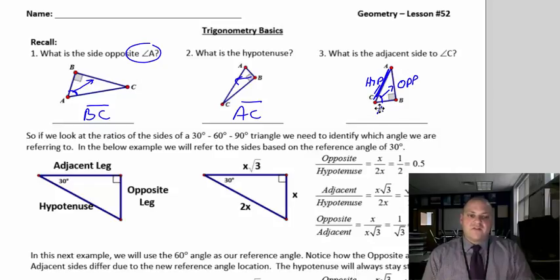So what's my adjacent? It's the one that's left over. You can do it like that, or you could say, what leg is next to the angle? Well, here's the leg, CB, that's connected to the angle C, which is the angle we're referencing. So CB is going to be our adjacent side if we're talking about angle C.